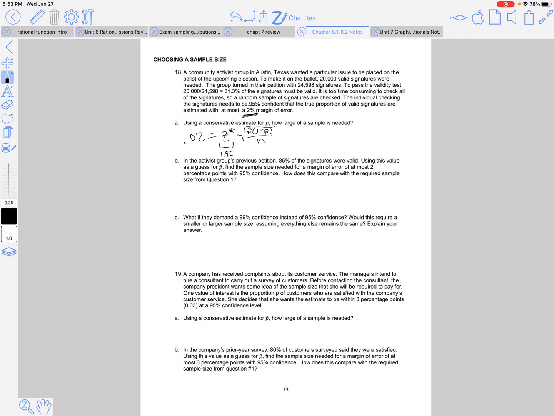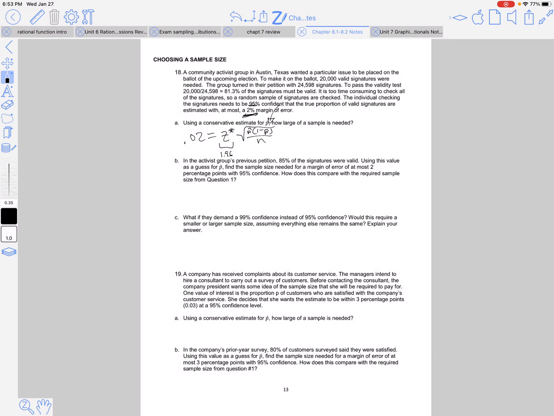Conservative meaning we're going to make p-hat times 1 minus p-hat as big as it can be. So we are preparing for the worst, but hoping that our standard deviation is the smallest it can be. What if our p-hat was 0.1? Then our 1 minus p-hat would be 0.9. So 0.1 times 0.9 is 0.09.